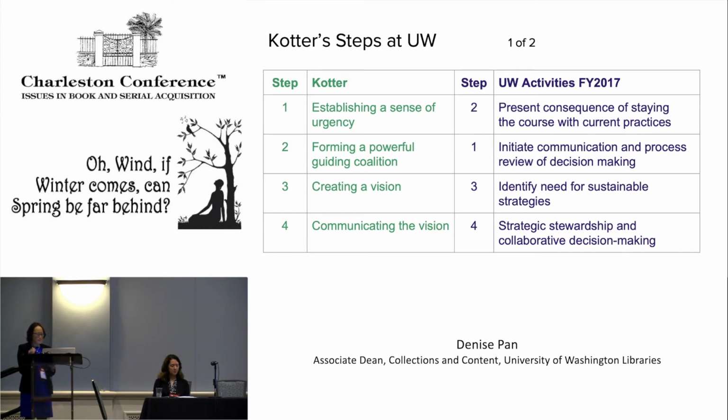And to establish a sense of urgency, I presented to our libraries cabinet, which is all the administrators and the other ADs, as well as to our Collections Council, this resources budget reflection 10-year forecast. I did that in November 2016, and I described the worst case scenario.